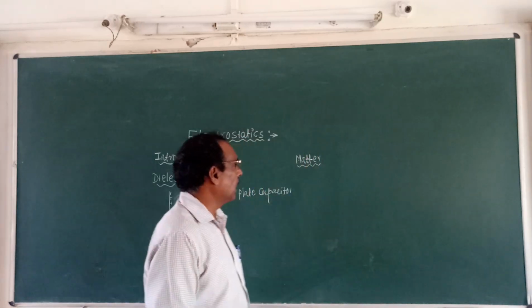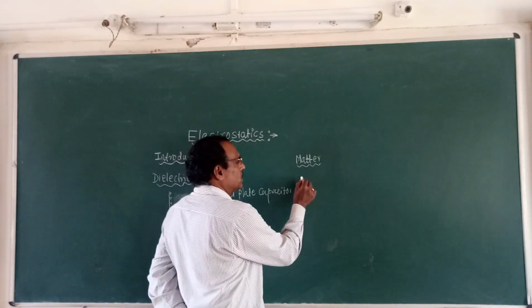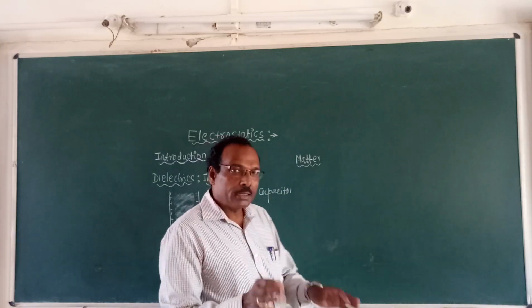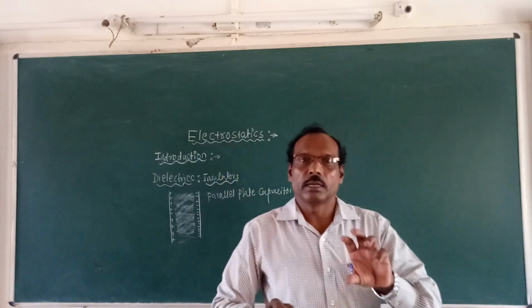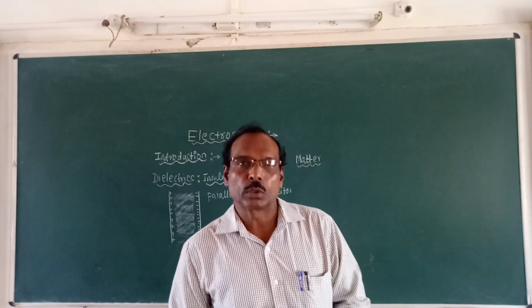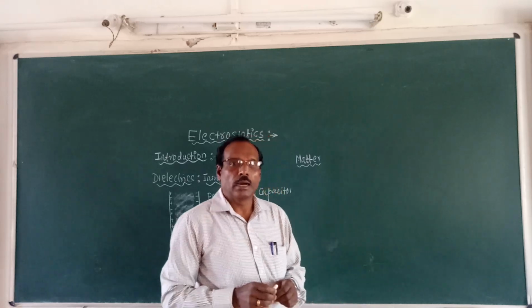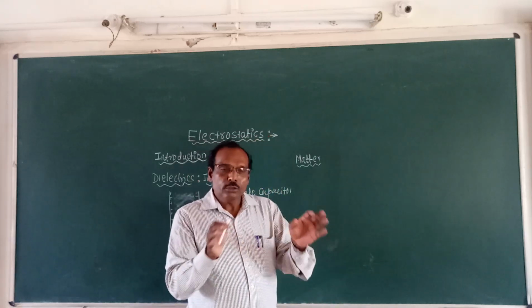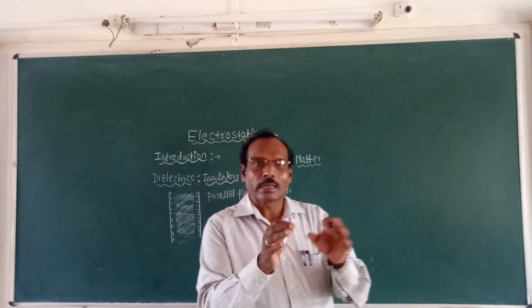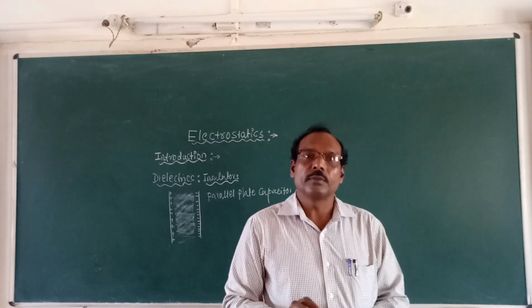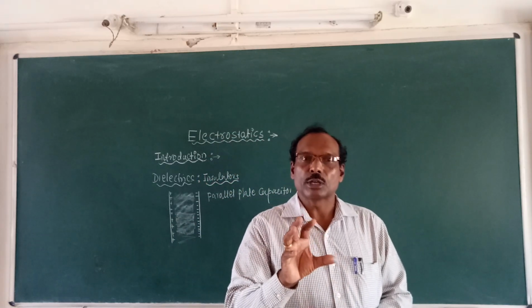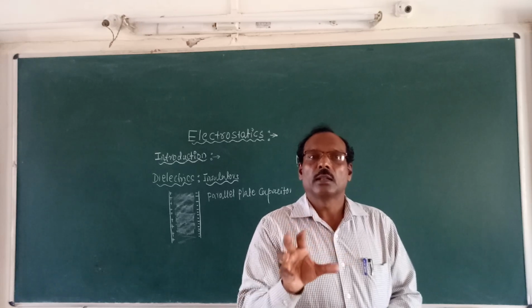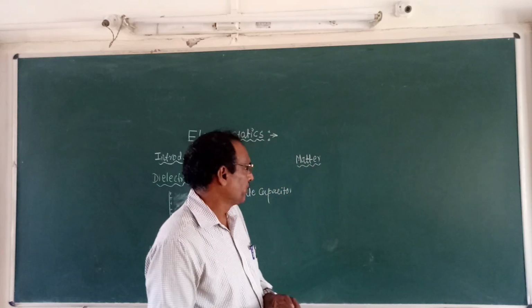We know an atom as a whole is neutral. An atom consists of a positively charged core called the nucleus, and around the nucleus electrons are revolving in circular-like orbits.